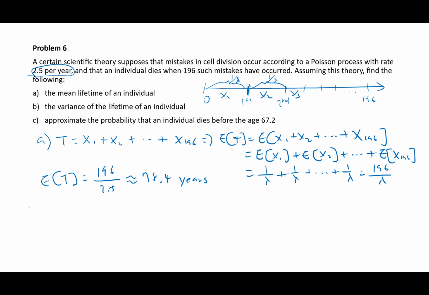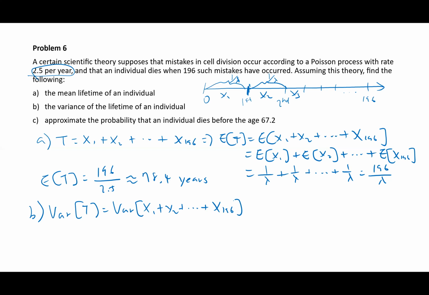Okay, part B, I wanted the variance. So it's the variance of T, which means I'm finding the variance of X1 plus X2 all the way to X196. We did a similar problem earlier in the homework set.